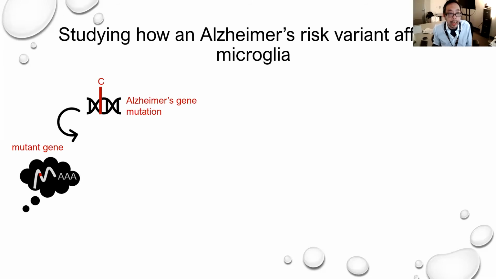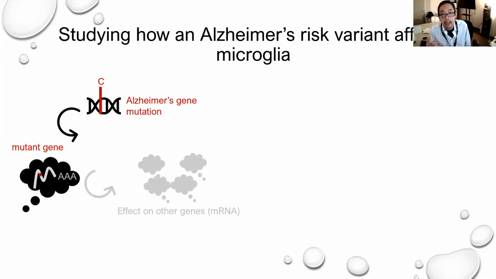And then they're able to ask the question, how does this affect the expression of other genes? So what are the mRNA populations that are being made within these microglia at a global level? So in other words, how does this mutant gene affect how microglia think?